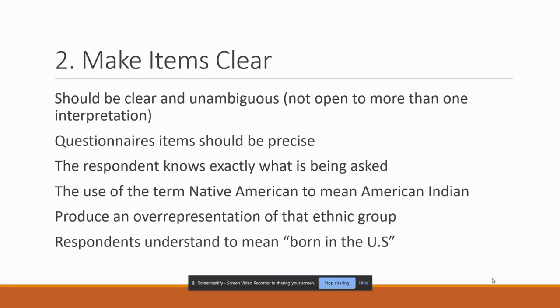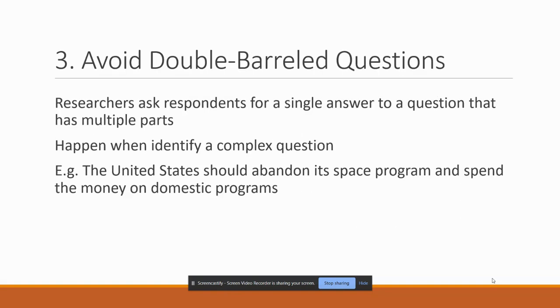Here, it could produce an overrepresentation of the ethnic group because respondents would understand Native American as those who were born in the US, but actually it means American Indian. So that is why we need to emphasize clearly on the items that we have provided in the questionnaire for the respondent.